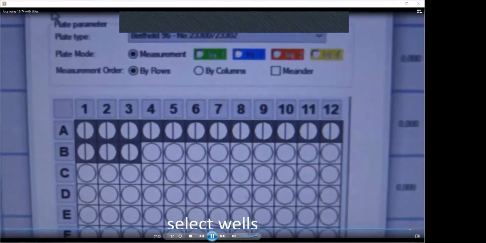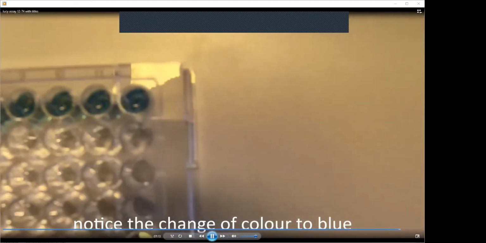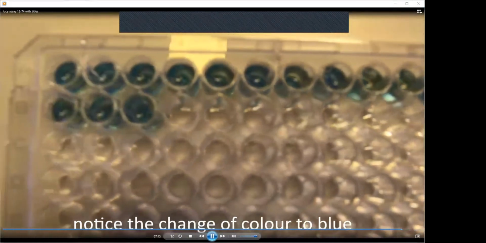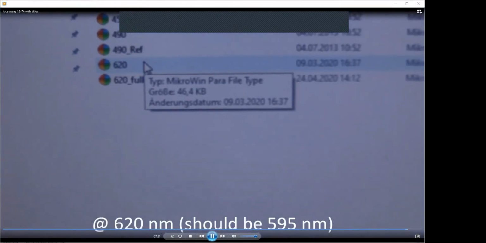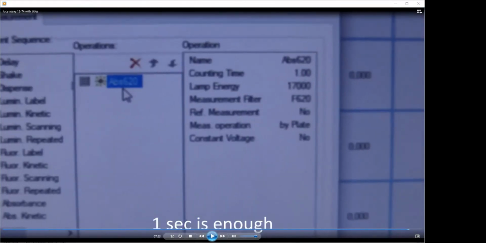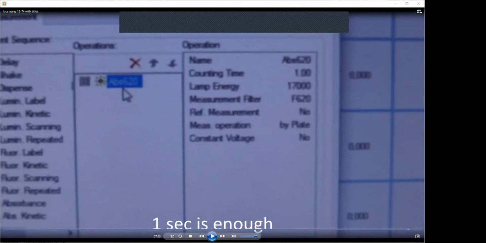There you don't need to add anything, you just have to select the wells which have to be measured. Just a second. Okay. Yeah, so this is the proper filter which has to be selected. 620.